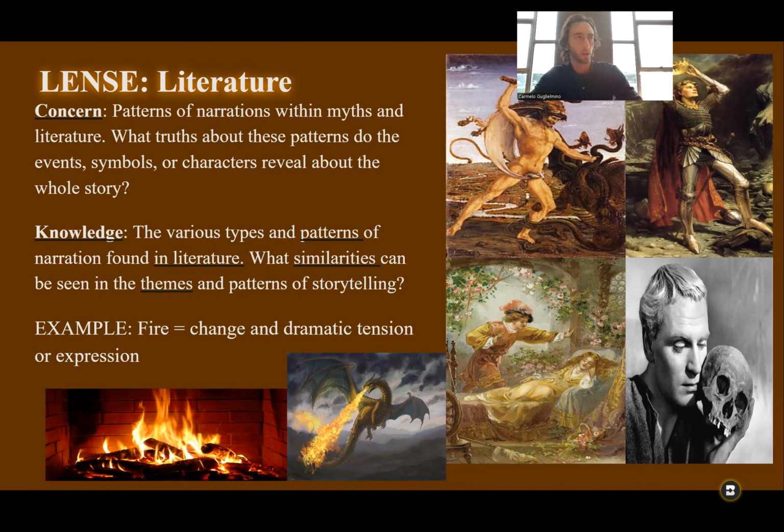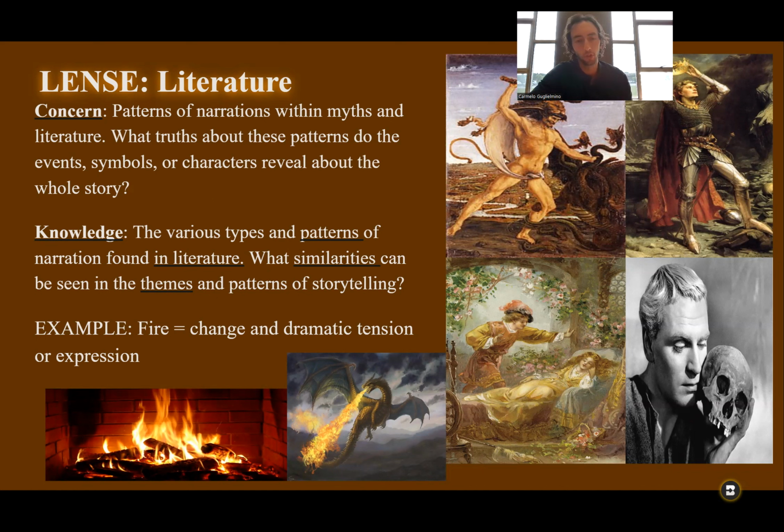Okay, so we're analyzing a piece of artwork through the lens of how we know how stories are created in general. Okay, now the example once again is fire. How do we interpret the symbol of fire through this lens?